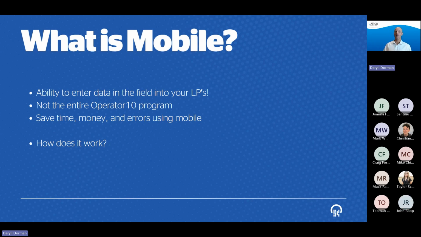Then you are taking that information, putting it into Operator10, hopefully, or maybe even another spreadsheet that you're sending to somebody else to put in Operator10. So what we really want to do is help cut down on all that time, which can also help you reduce errors and eliminate other variables, such as paper getting lost, or not being sure which pictures you have sent or haven't sent.